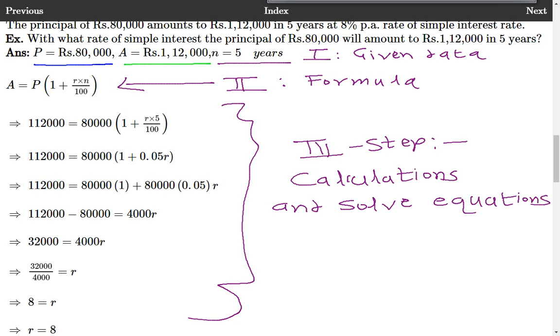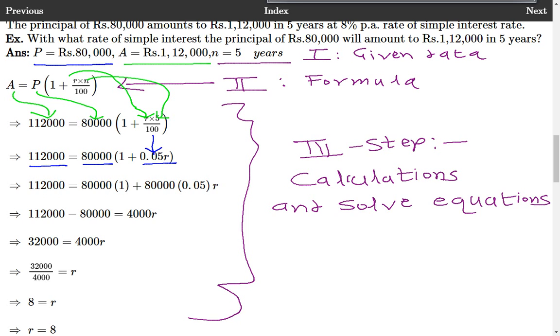So here in this formula, values are substituted. Amount equals 1,12,000. Principal is given as 80,000. Then R we have to find, and N is given as 5. So after simplification, you can find that 1,12,000 equals 80,000 as it is, into 1 plus 5 upon 100, that is 0.05, multiplied by R. There is nothing in between 0.05 and R, means there is multiplication.